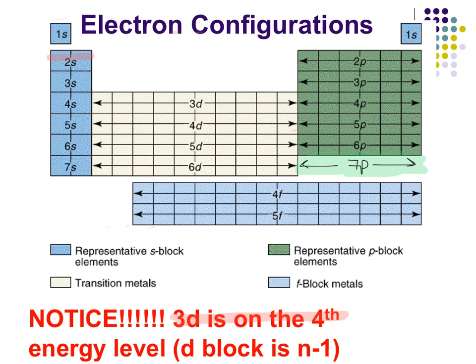The P orbital with 3 orbitals could hold 6 electrons, and the P block is exactly 6 blocks wide. The D block is exactly 10 blocks wide, since it can hold 10 electrons. And the F block is exactly 14 blocks wide, since it can hold 14 electrons. That is not by coincidence.